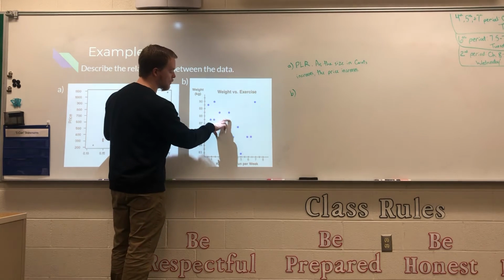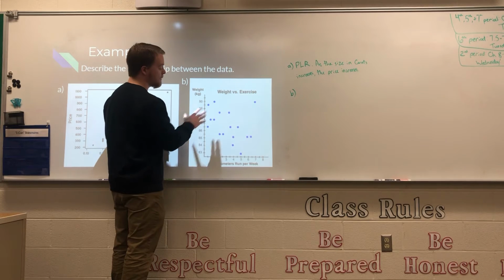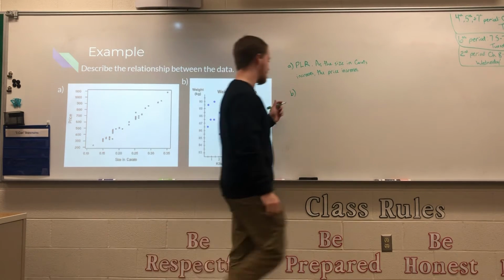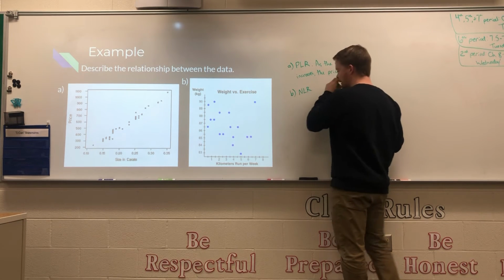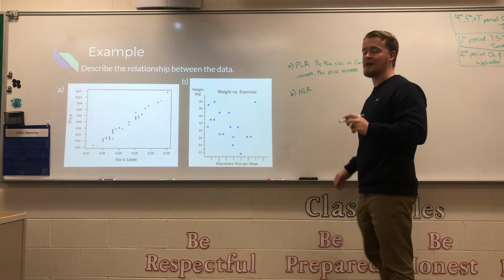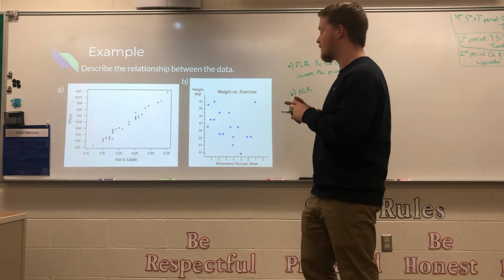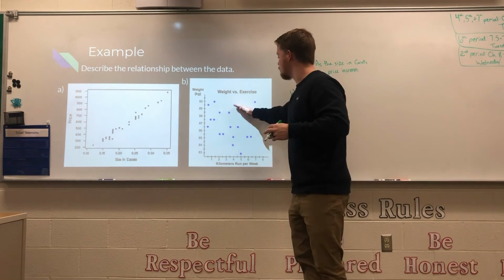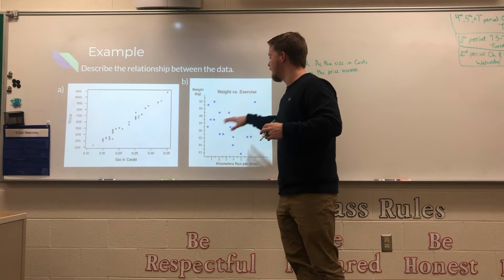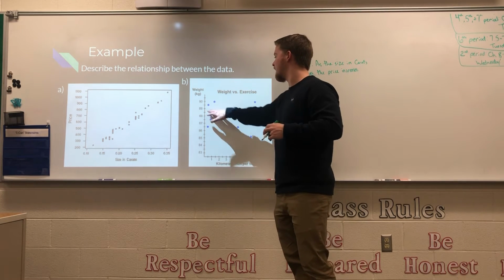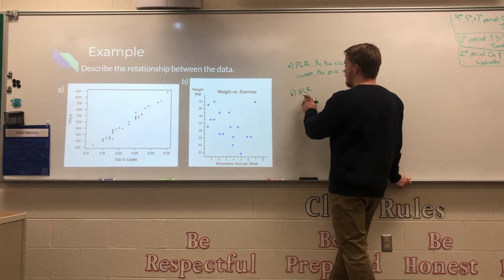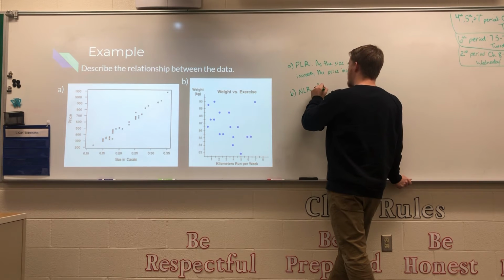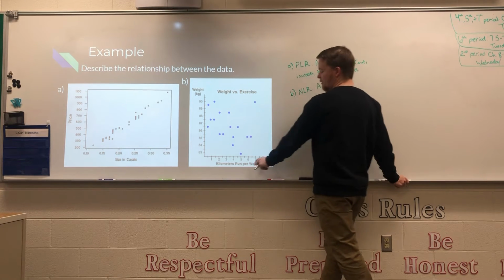But here, this is still going in that negative direction overall, so this would actually be a negative linear relationship. It's actually very difficult to have an actual no relationship. It has to be completely spread out. So if you have actual open areas like this, it makes more of a case for it being a negative linear relationship. So with it being a negative linear relationship, we have to describe it. So I say as the x, which it says kilometers run per week.